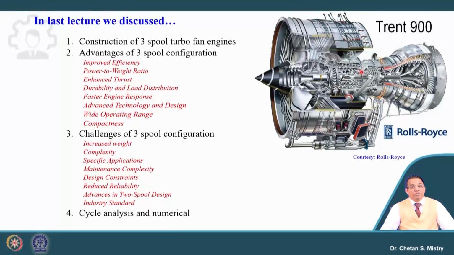We have enhanced thrust because we have great control both in terms of aerodynamics and thermodynamics. We have more durability and load distribution. Basically, we have 3 different kinds of bleeds, which will give less stress on each component.